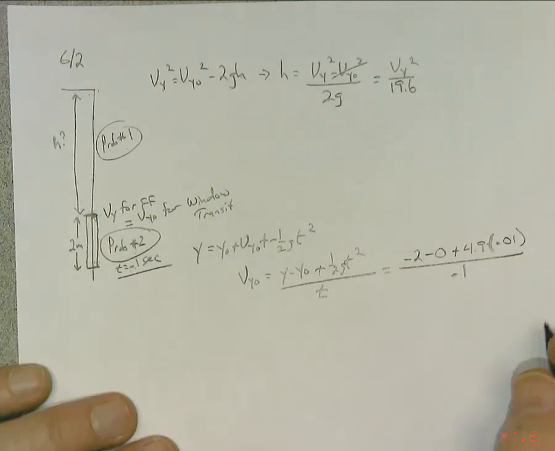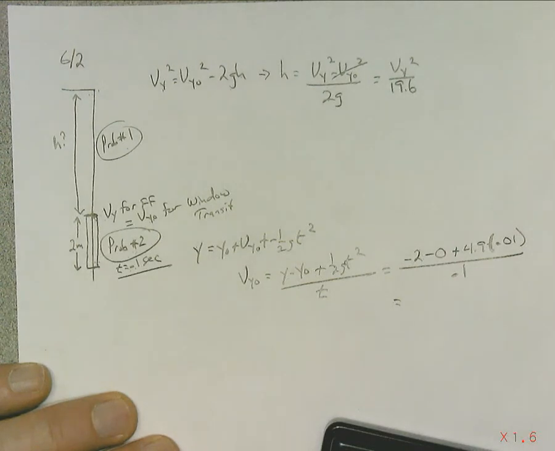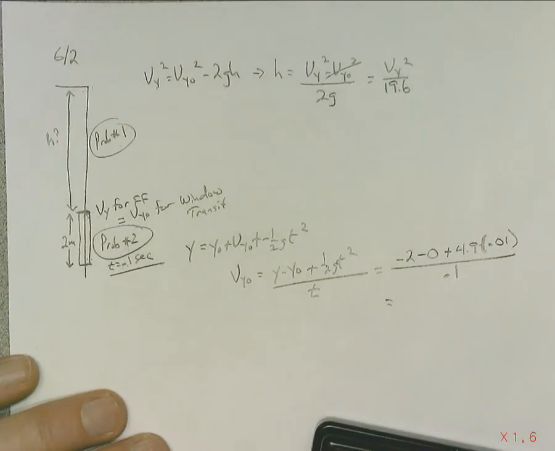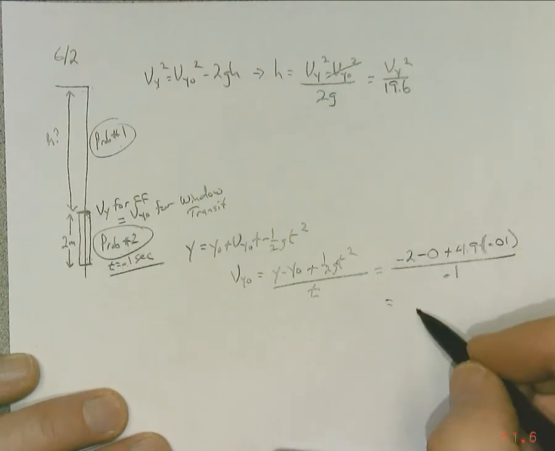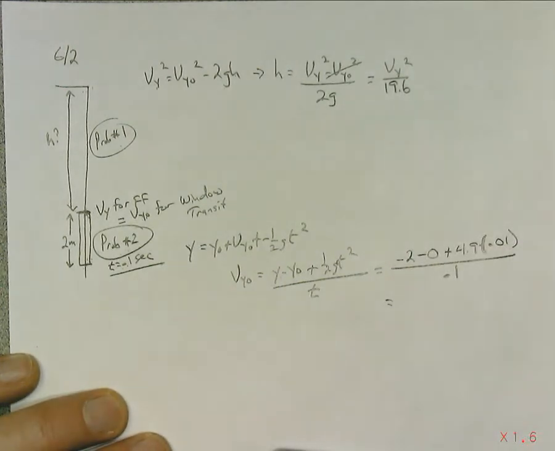All right, let's plug it in, minus 2 plus 0.049. Let's try that again. 4.9 times 0.01 obviously is 0.049. And then we're going to subtract 2.